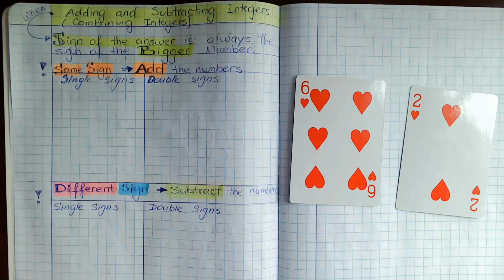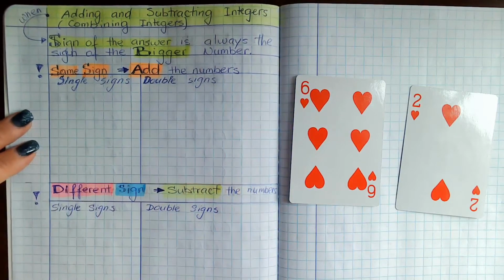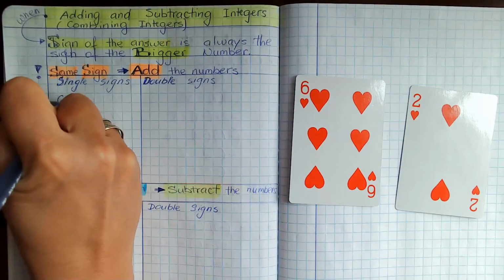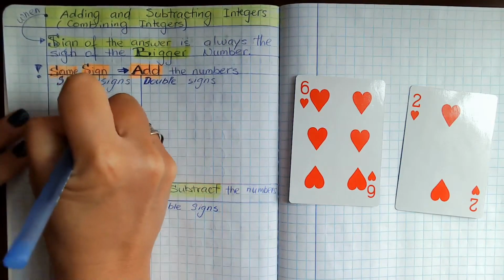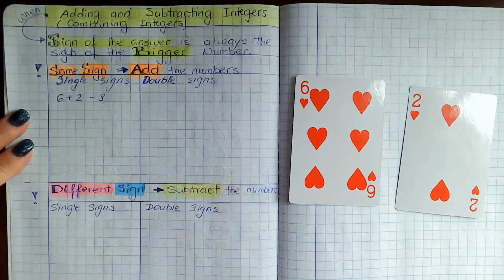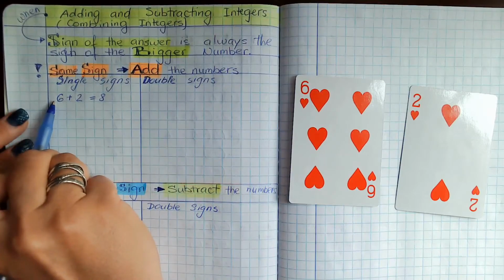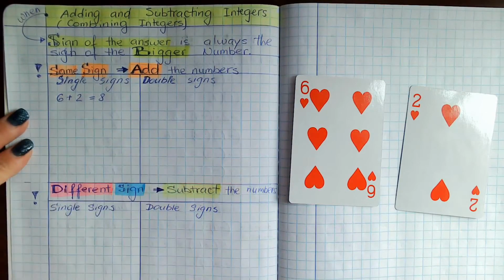So instead of saying 6 hearts, I'm going to say this is positive 6 and this is positive 2. If I add them together, I have positive 8, which is 8 hearts. So as an example, this will look like this: 6 plus 2 equals 8. 6 is positive, 2 is positive, add the numbers.